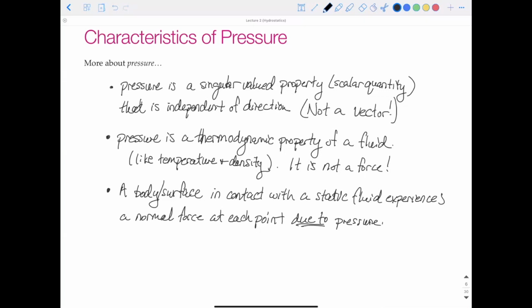So pressure is not the force itself, pressure is the thing that causes the force. And then lastly, we'll introduce something called Pascal's law.